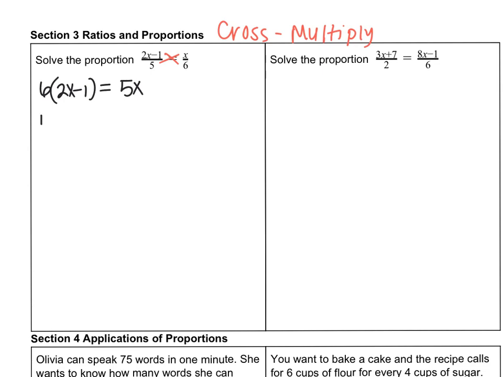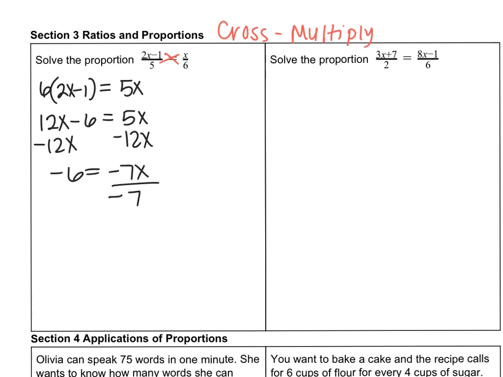Then I distribute this 6 in the parentheses, we get 12x minus 6 equals 5x. Subtract 12x from both sides, and we get negative 6 equals negative 7x. Divided by negative 7, and x equals 6/7.